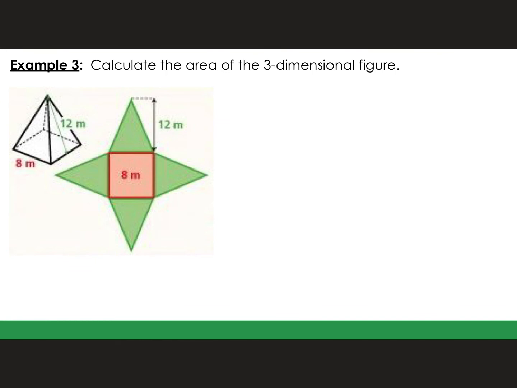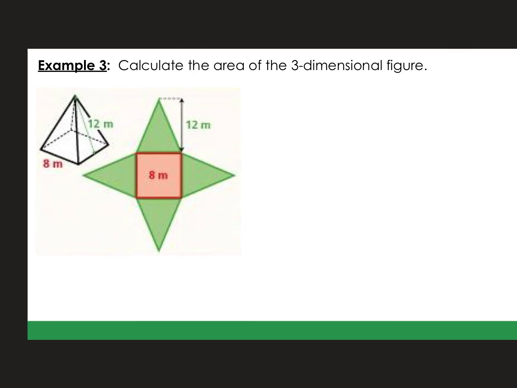This one is a pyramid. It's a square pyramid. It comes to a point at the top. And this net is as if we took the top and we unfolded each of the pieces with the base in the middle. So we need to find the area of each one of these pieces, which we have labeled. So that square is 8 by 8.